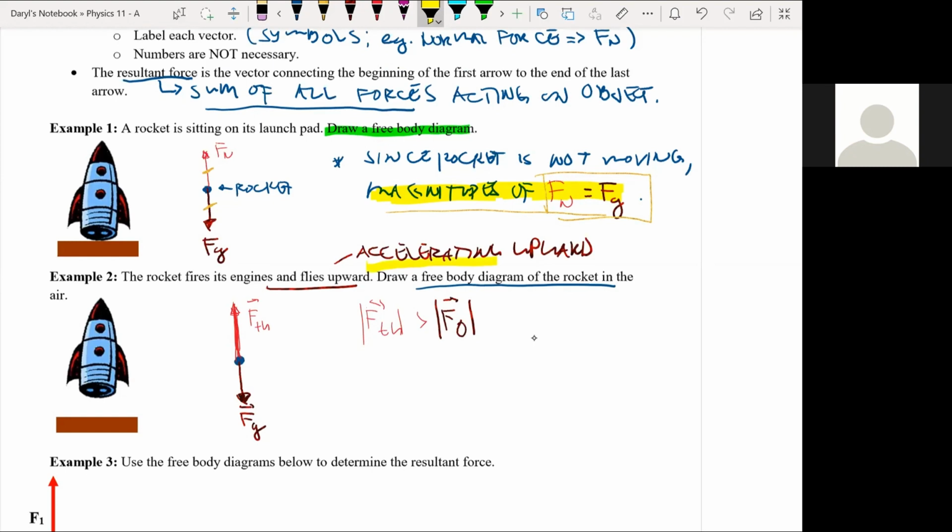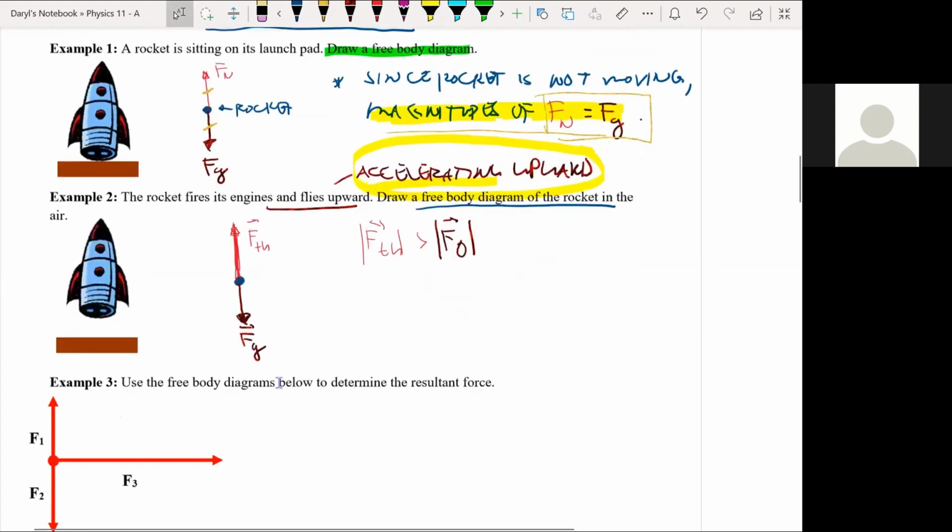If the magnitude of your thrust force is equivalent to the gravity, it's no longer accelerating. It's moving at constant velocity. So let's just say that it's accelerating upward, so that would be bigger. Okay, thanks. You're welcome.